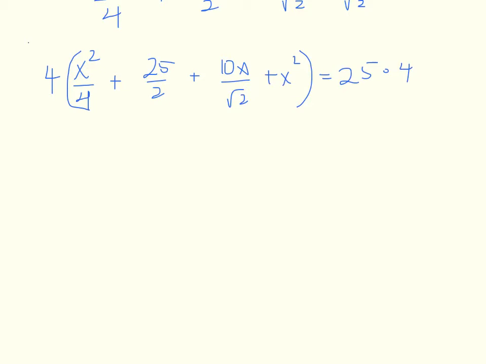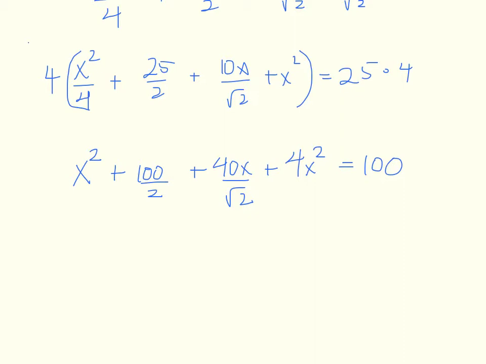But in other words, I'll have x squared plus 100 over 2 plus 40x over root 2 plus 4x squared equals 100. Anytime you have a quadratic equation, you want to get everything on one side. So I'm going to move the 100 over. I'm going to collect the x squared term.